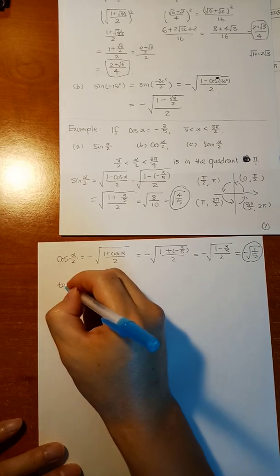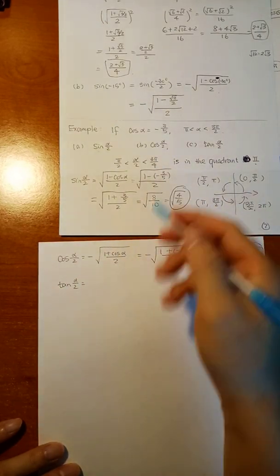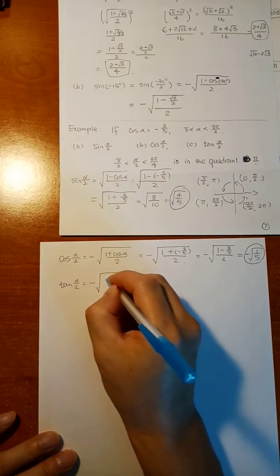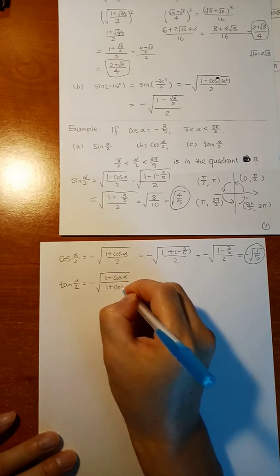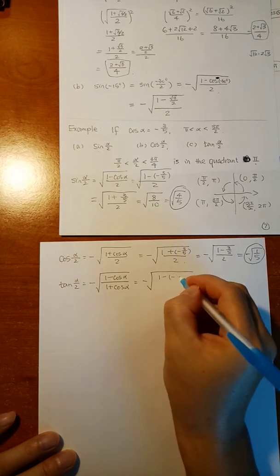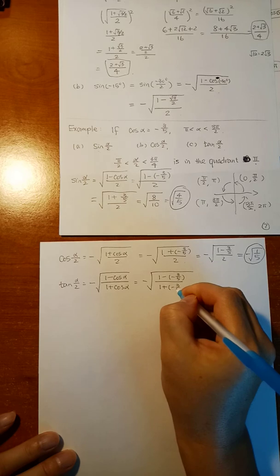Tangent of alpha over 2. You already have these two, so just do the ratio, or you can recall the formula: 1 minus cosine alpha over 1 plus cosine alpha. That's 1 minus negative 3 over 5 over 1 plus negative 3 over 5.